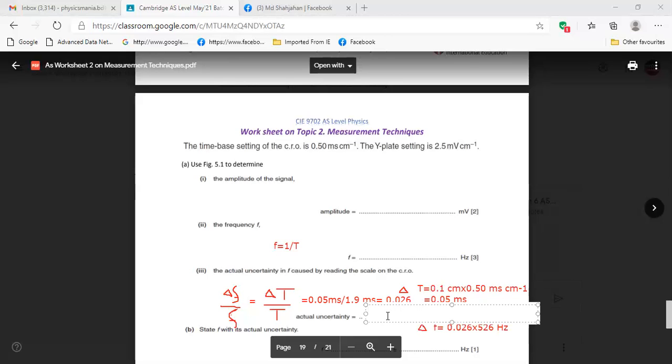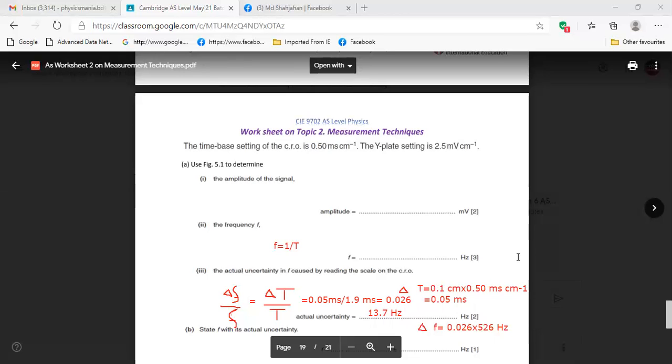So we can write 13.68, or we can write 13.7 hertz.